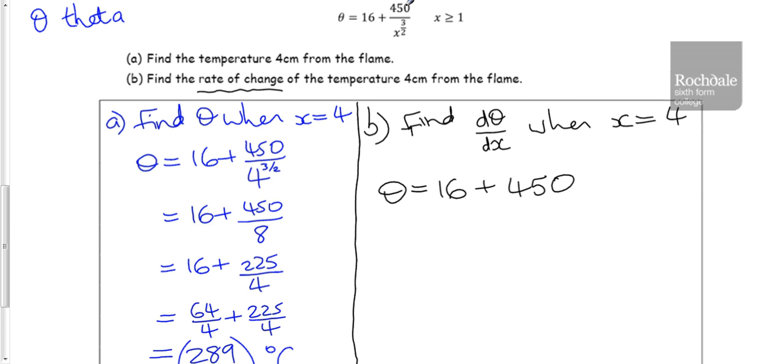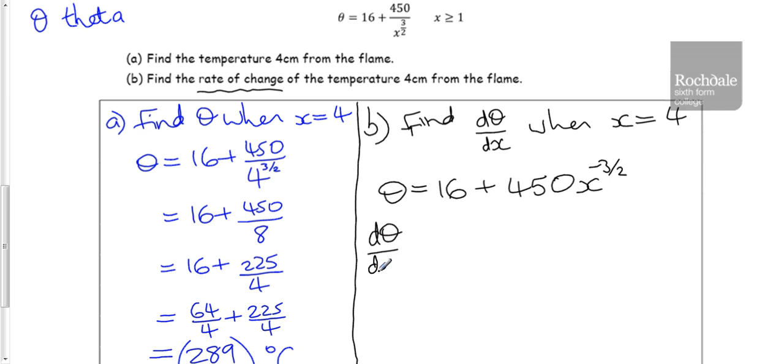So 450 divided by x to the 3 over 2 is the same as 450 multiplied by x to the power minus 3 over 2. Bit of revision there. Think of the indices, that's what a negative power means. X to the minus 3 over 2 means 1 over x to the 3 over 2. And that's what we had there, but of course with the extra 450. Now it's ready to differentiate.